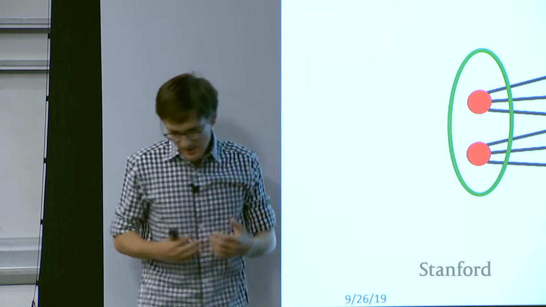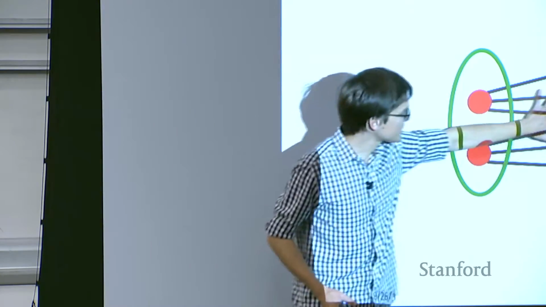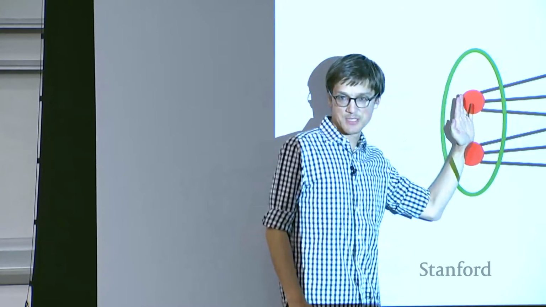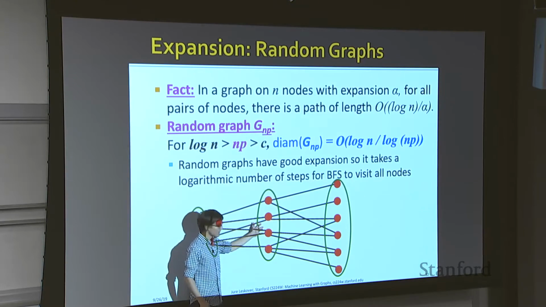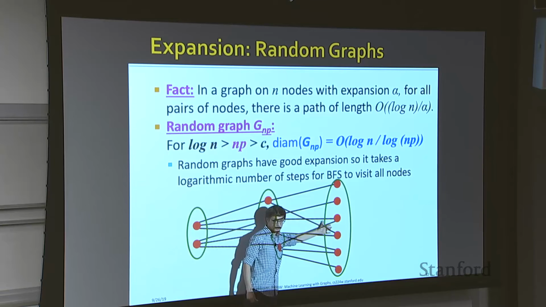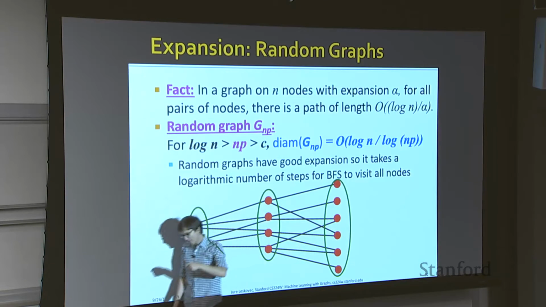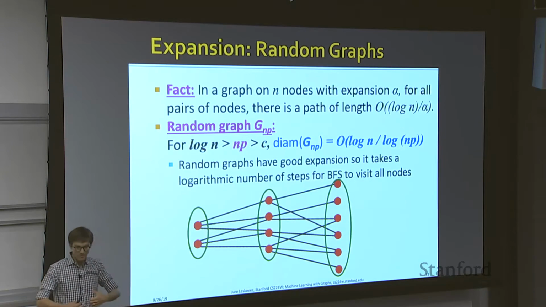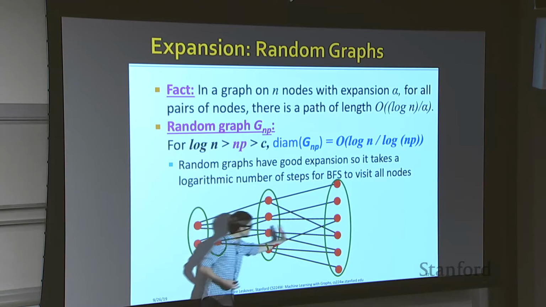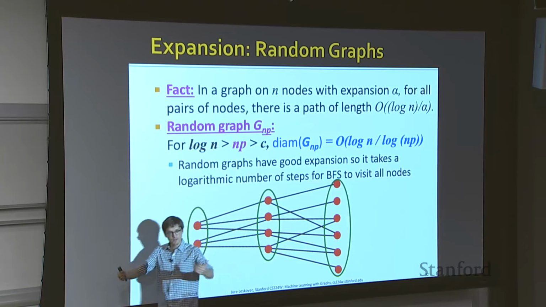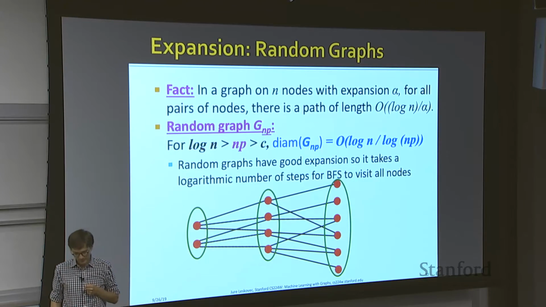Because if you have some expansion, then when you start with a single node, you expand to some number of nodes, and then you again expand to the next number of nodes. If at every step the number of nodes that I see increases by a factor of alpha, then it will take me a logarithmic number of steps before I visit all the nodes in the graph.